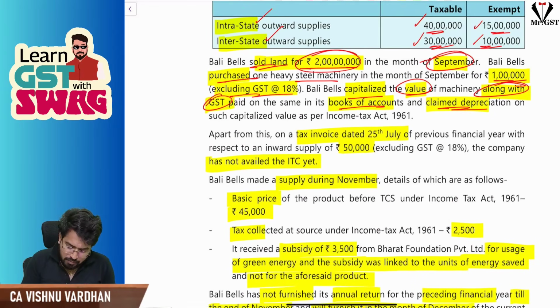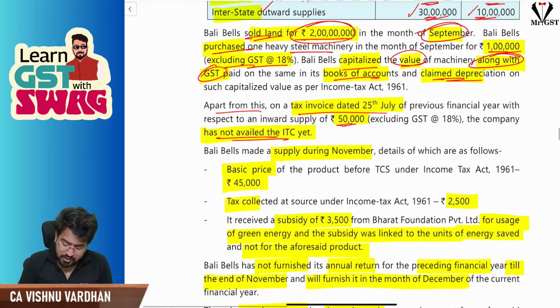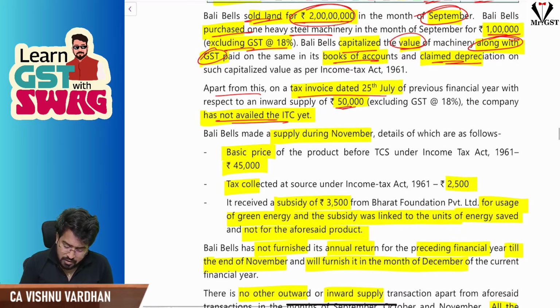Next, apart from this, tax invoice dated 25th July with respect to inward supply 50,000, not availed ITC. Okay, yeah, that we are talking about deadline for availing ITC. So regarding that, not yet availed ITC. Fine. They made a supply during November. Base price is 45,000. TCS is 2,500.